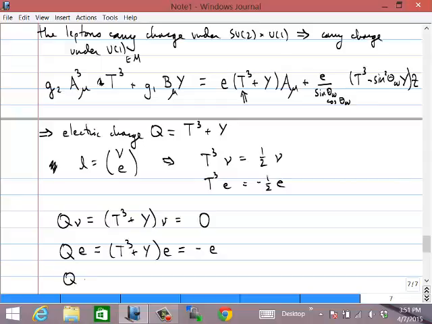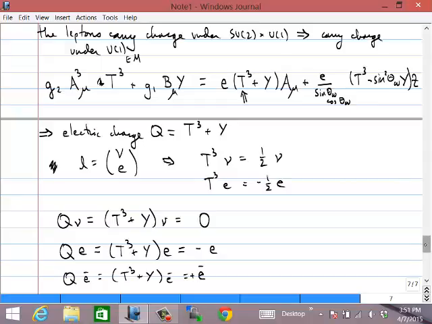Whereas Q of E bar, well, T3 is just equal to 0 in that case, because E bar was a singlet under the SU2 electroweak symmetry, but it had hypercharge 1, so it has charge plus 1.